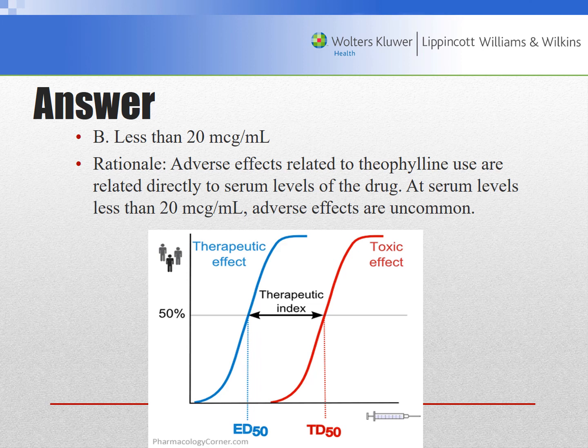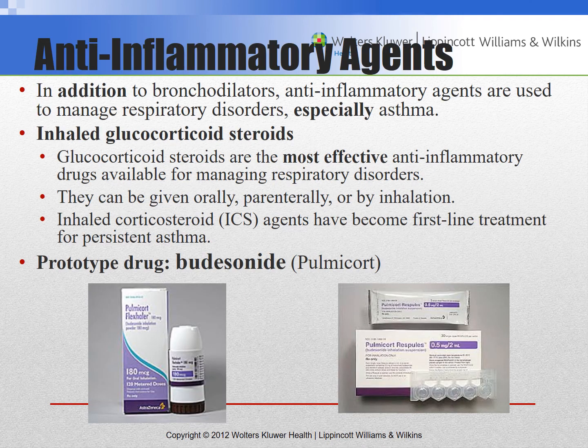At serum levels less than 20 micrograms per milliliter, adverse effects are uncommon. So you can see there, that's giving you an example of that narrow therapeutic index again, because it makes it very difficult to dose the patient correctly and get them to come back for follow-up and make sure that we're staying within that therapeutic range.